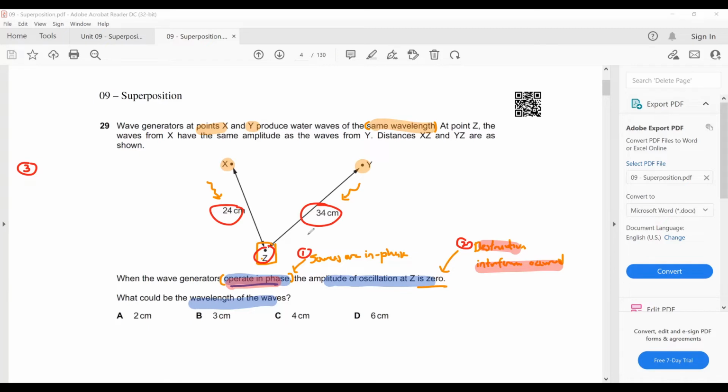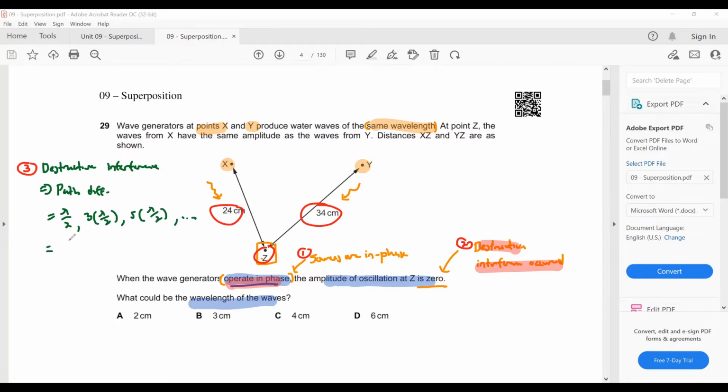Once you do enough, you will start to relate this to the concept of path difference. So if the sources are in phase and you know that destructive interference occurs, what I mentioned to you previously was that for destructive interference, your path difference must be equal to lambda over 2, 3 lambda over 2, 5 lambda over 2, and so on.